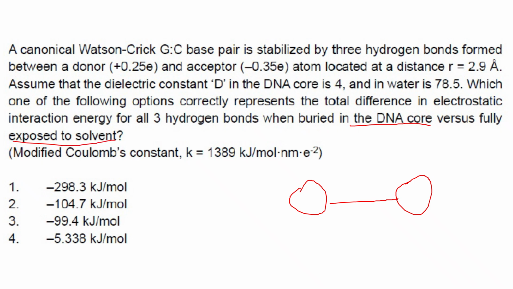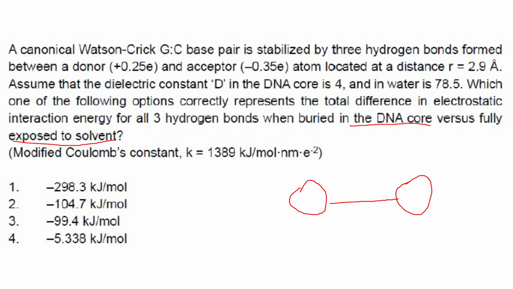So you have to find the difference in electrostatic interaction when this canonical Watson-Crick base pair is buried in the DNA core as well as when it is exposed to the solvent.